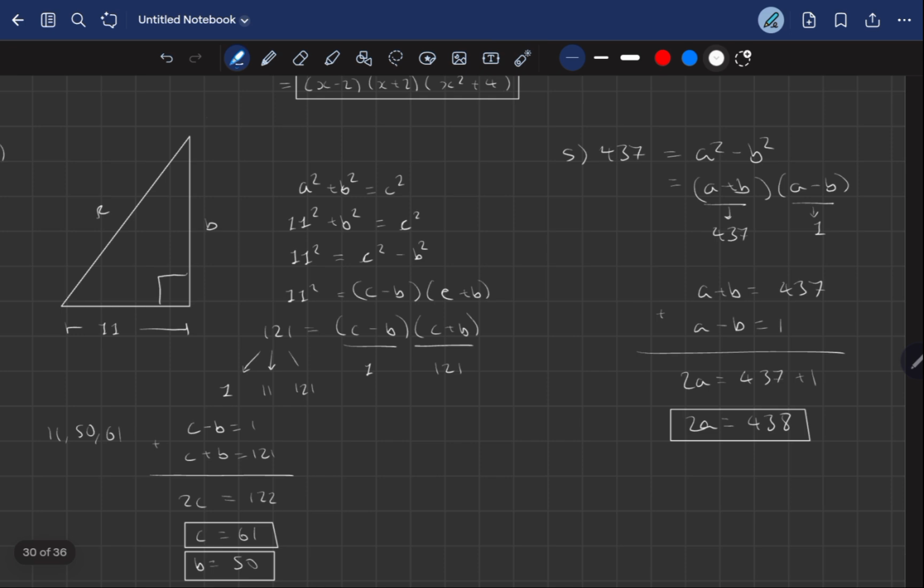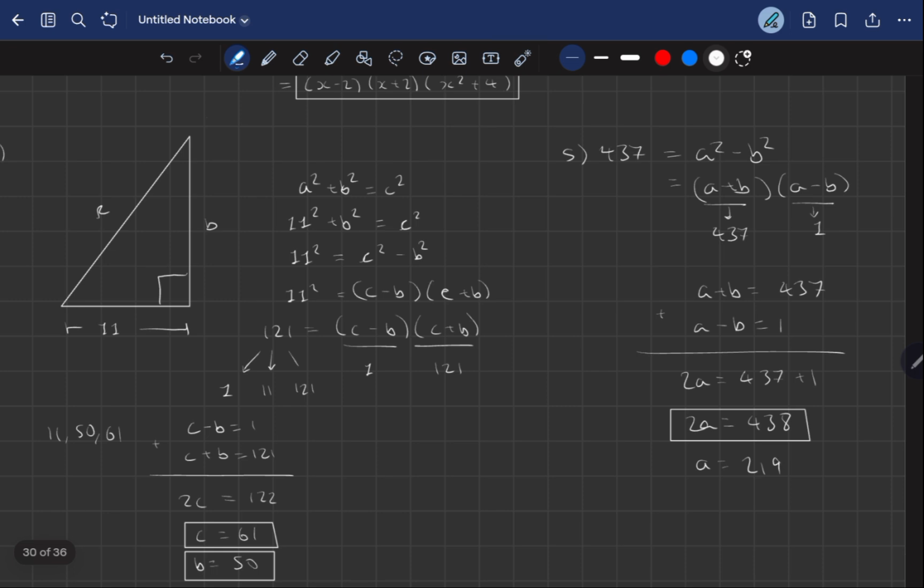We know that 2a is going to be even, right? And in order for 437 plus 1 to also be even, we need 437 to be odd. So in this case, a is just going to be 438 over 2, which is 219.